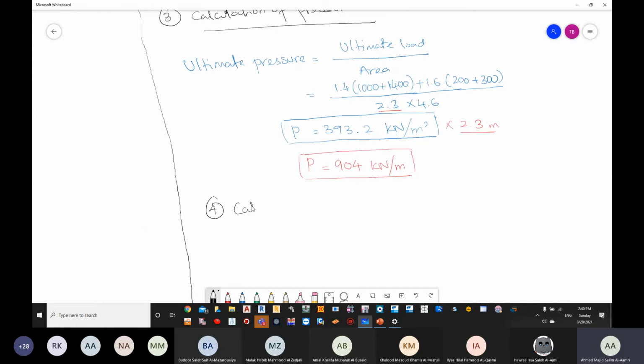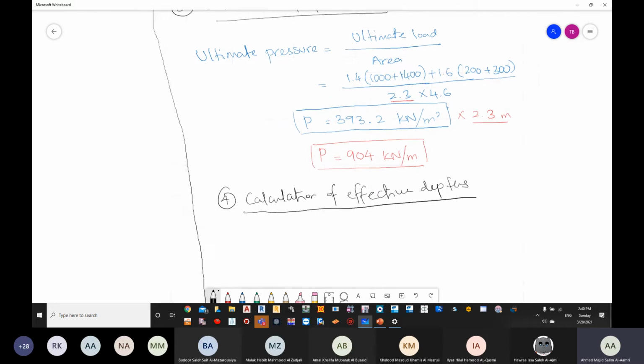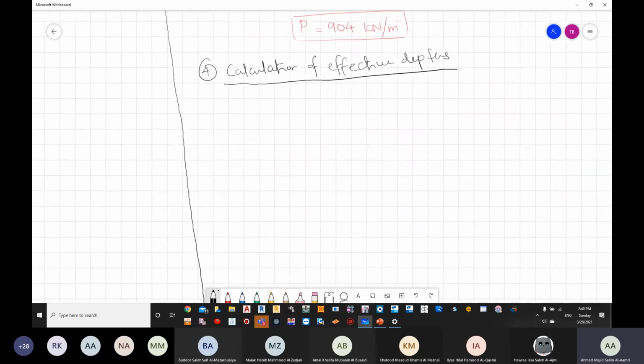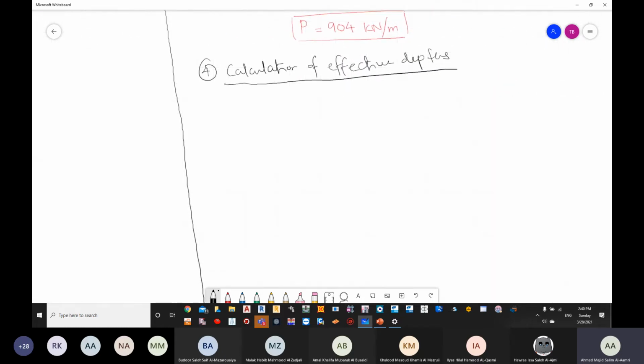So, calculation of effective depth. Normally we assume the depth, and based on the depth of the foundation we will be calculating the effective depth. Since it's a combined foundation and the loading is more than 1000, the depth normally goes a little bit higher.